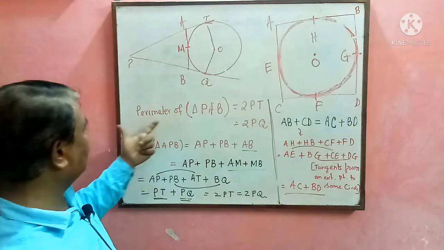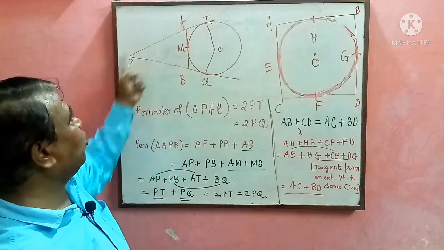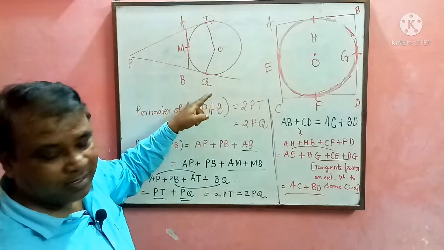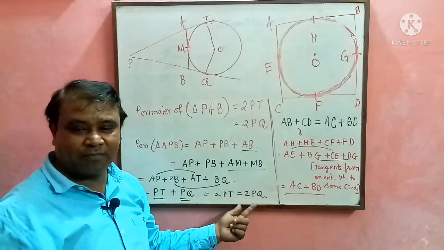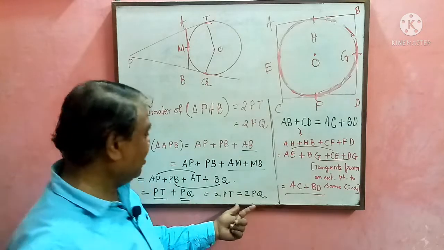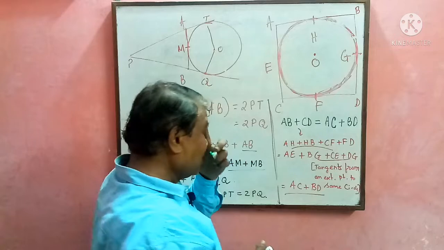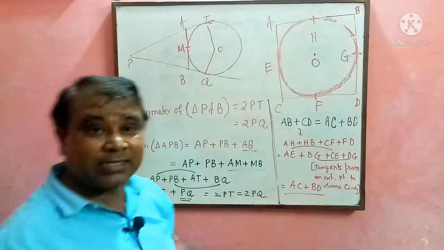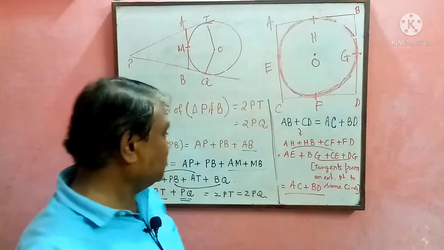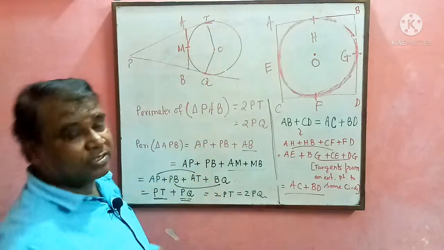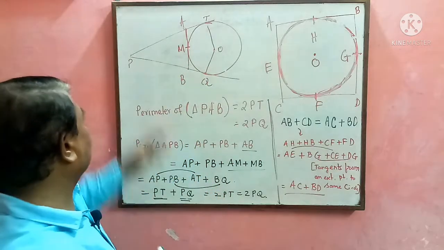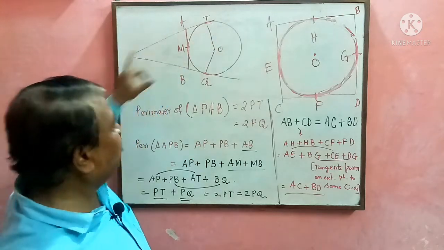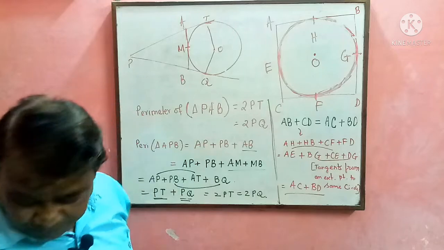So, the perimeter of the triangle will always be double of this tangent. Okay. Now you see this as a triangle externally touching a circle. The perimeter of this triangle will always be twice of this tangent, either PT or PQ, because both are equal. Okay.